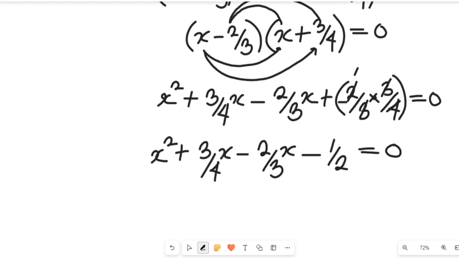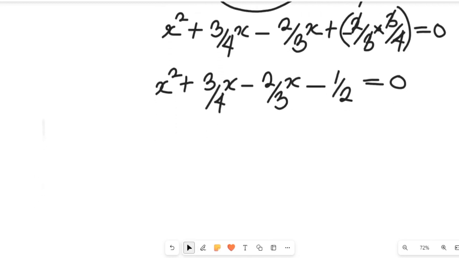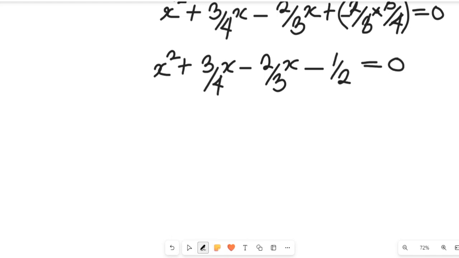Now to simplify further, we are going to simplify this term. The common term over here is 12, right? So 12 divided by 4 is going to give us 3. 3 times 3 will give us 9x, minus 12 divided by 3 will give us 4. 4 times 2 will give us 8x.